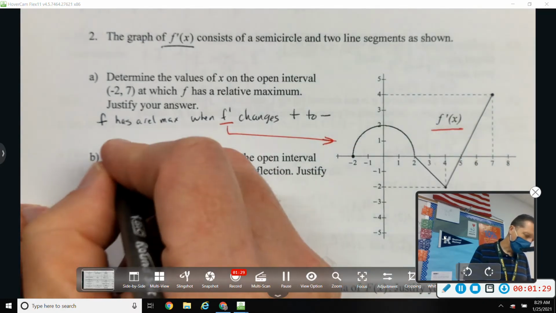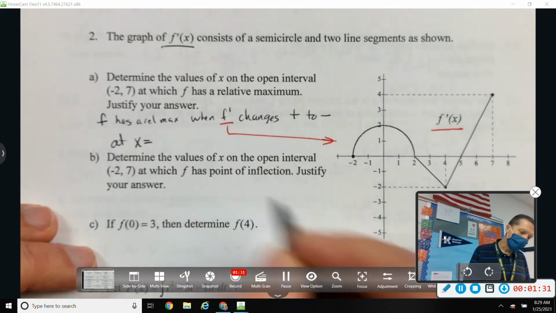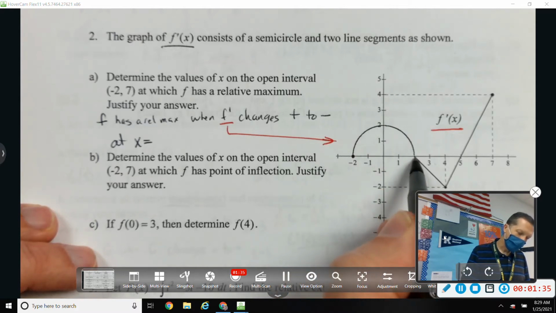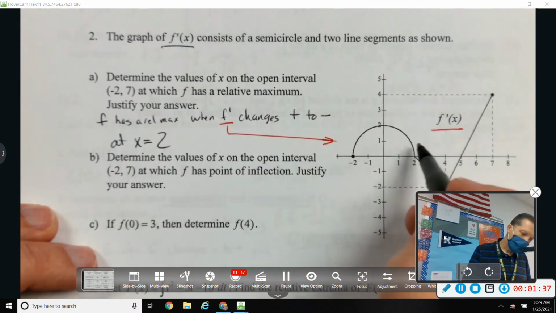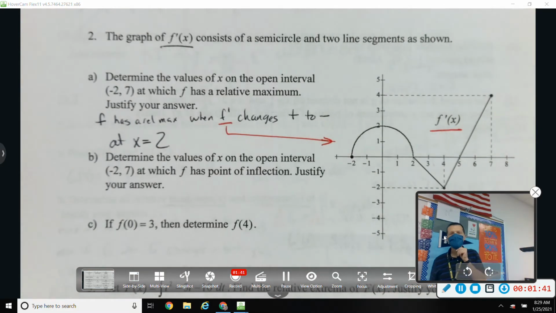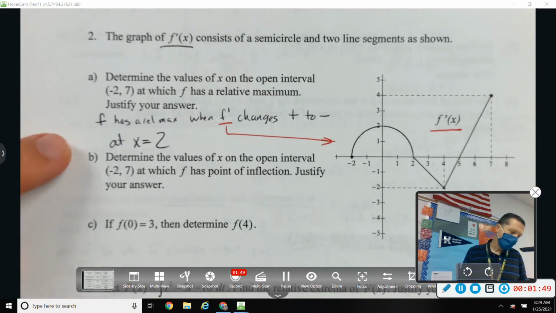So that happens, positive to negative, at x equals 2. And that's it. So it's a good concept question. Not a whole lot to compute. As long as you understand what's being asked, it doesn't take long to get the answer.